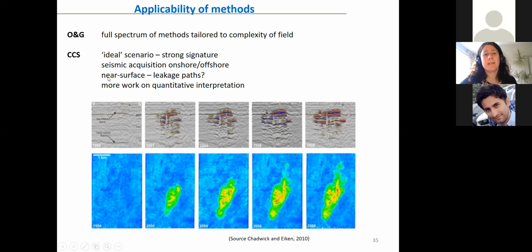Another aspect is that unlike oil and gas, in CCS we're also very interested in the near surface in terms of identifying potential leakage paths.